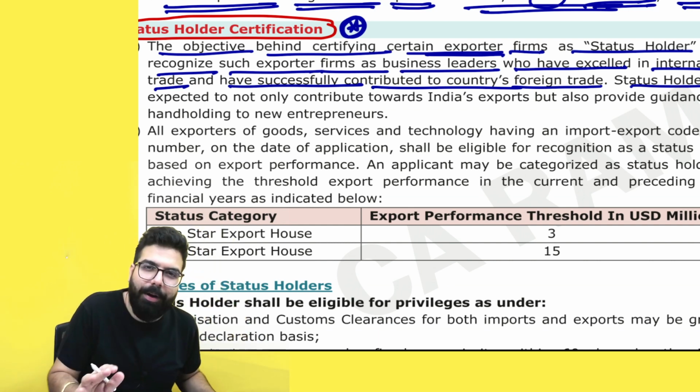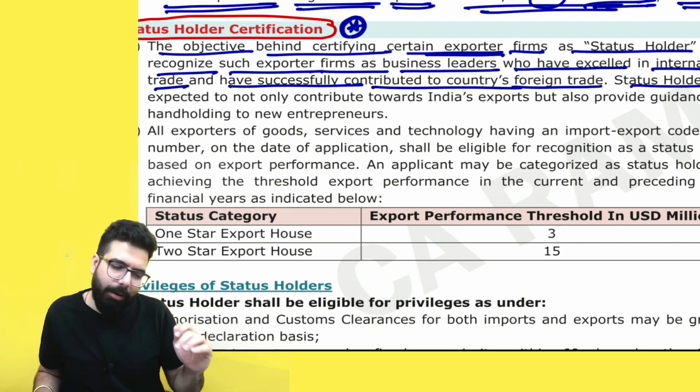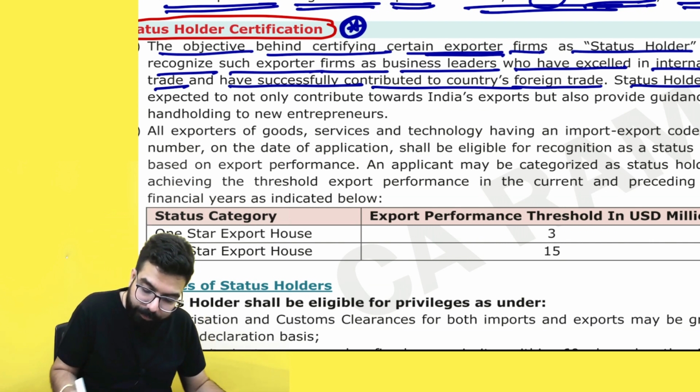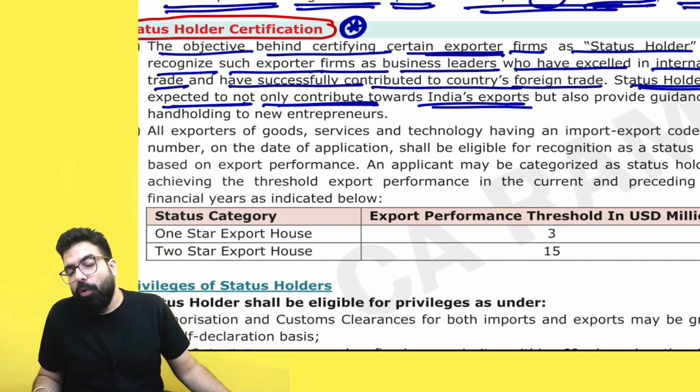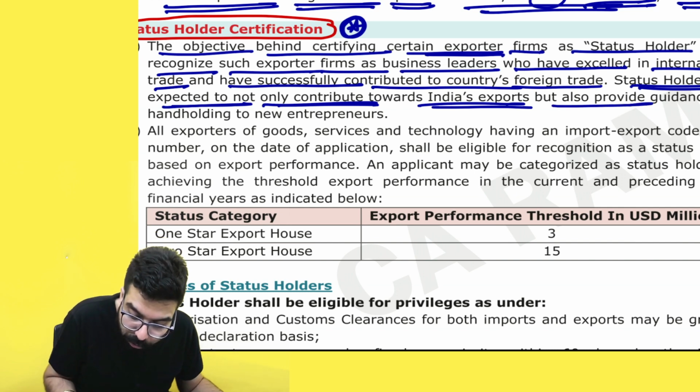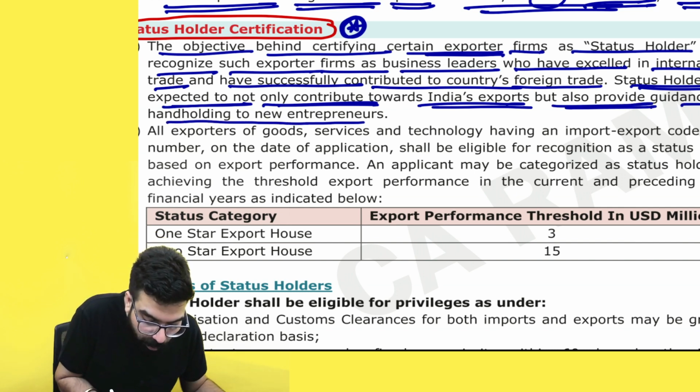Status holders, the more foreign currency you earn, the more status is given. That's all. Status holders are expected not only to contribute to India's export, but also to provide guidance and hand-holding to new entrepreneurs.